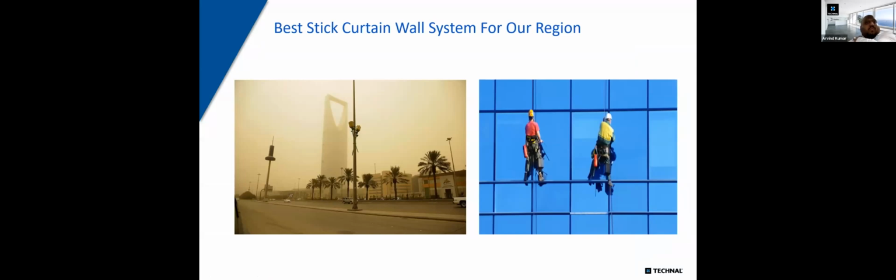So what is really the ideal best stick curtain wall system for our region? I've got these two images which talk distinctly about the most common issue we have here, which is maintaining the facade. Our region is extremely dusty, and especially during sandstorms it gets really messy.